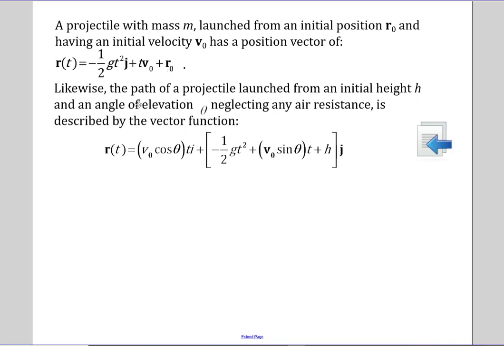Likewise, the path of a projectile that's launched from an initial height h at an angle of elevation theta, neglecting any air resistance, can be described by the vector function given here. So this is our horizontal motion, and this is our vertical motion. So cosine for x and sine for y.